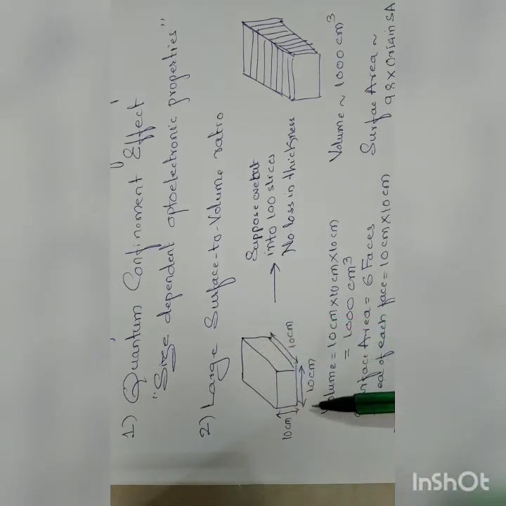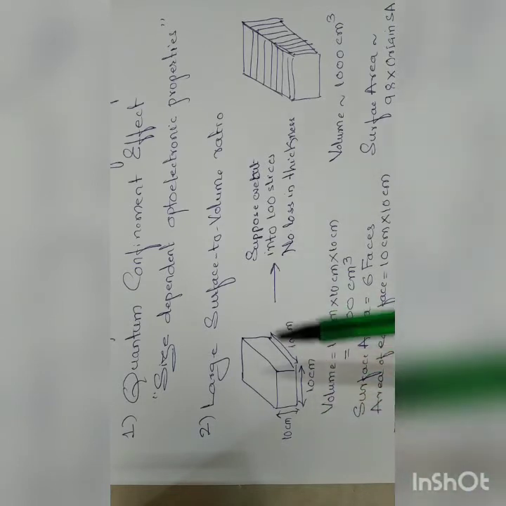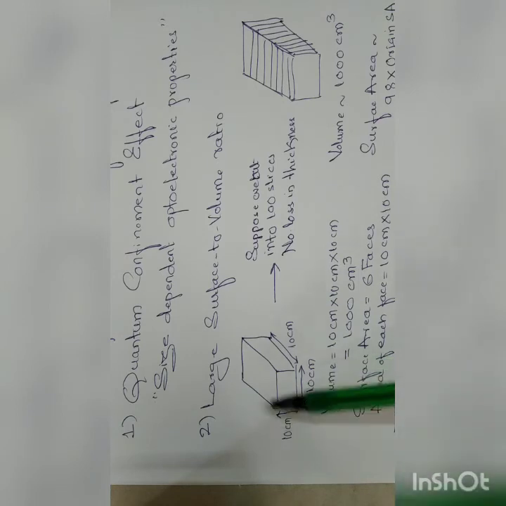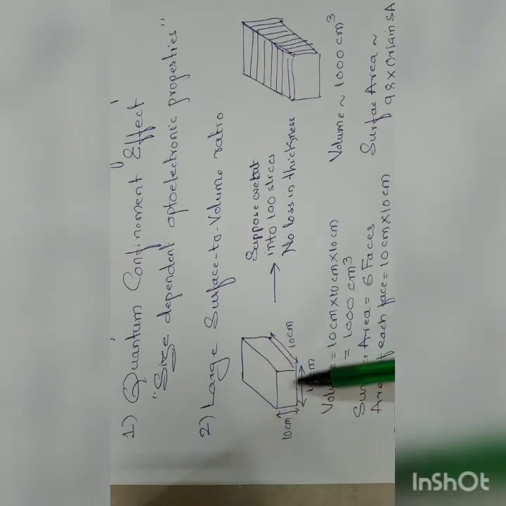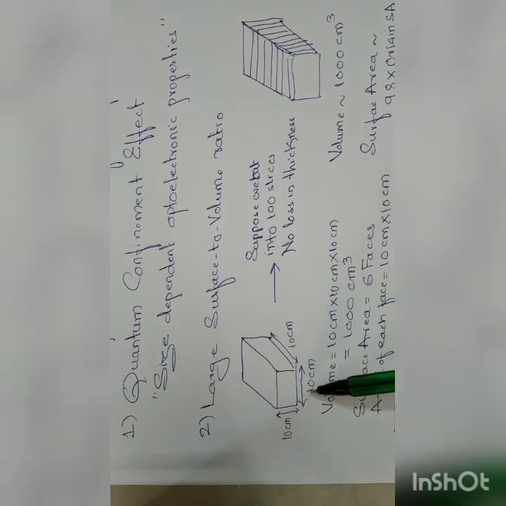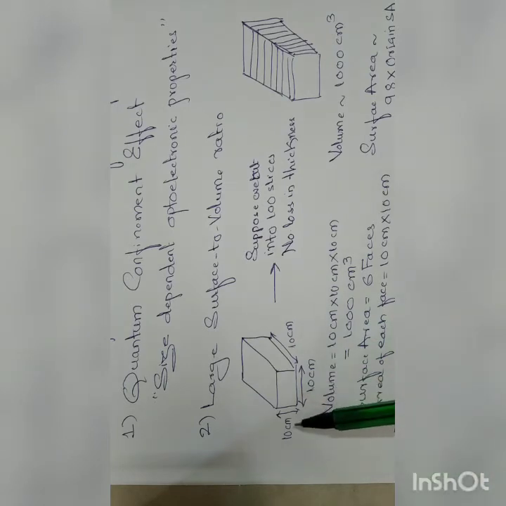Say the bread has this dimension: length is 10 centimeter, width is 10 centimeter, height is also 10 centimeter. So you clearly see this rectangular bread has two important parameters. One is the volume of the bread. The volume of the bread is length multiplied by breadth multiplied by height.